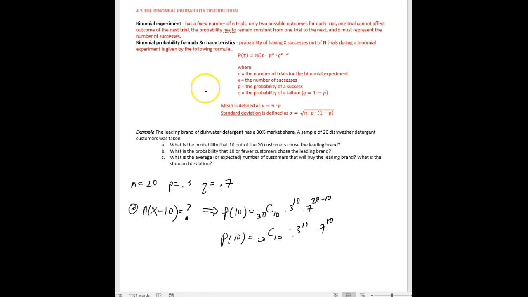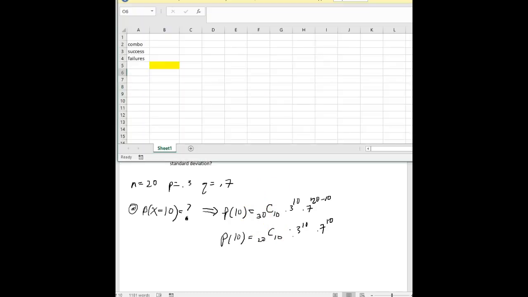But here's what I want to do. I want to give you a couple of tools on how you can solve a problem like this. So we've got it in the correct form. We've thought about it correctly. Now let's go over to Excel and see if we can calculate this in Excel. So I just wrote combo, success, failure, and put a little box there for the sum. Let's do each portion of this.